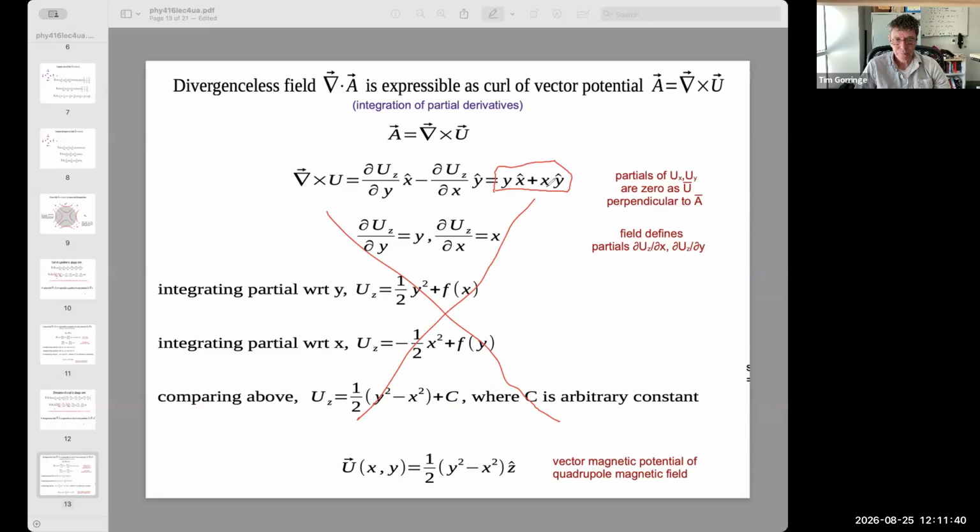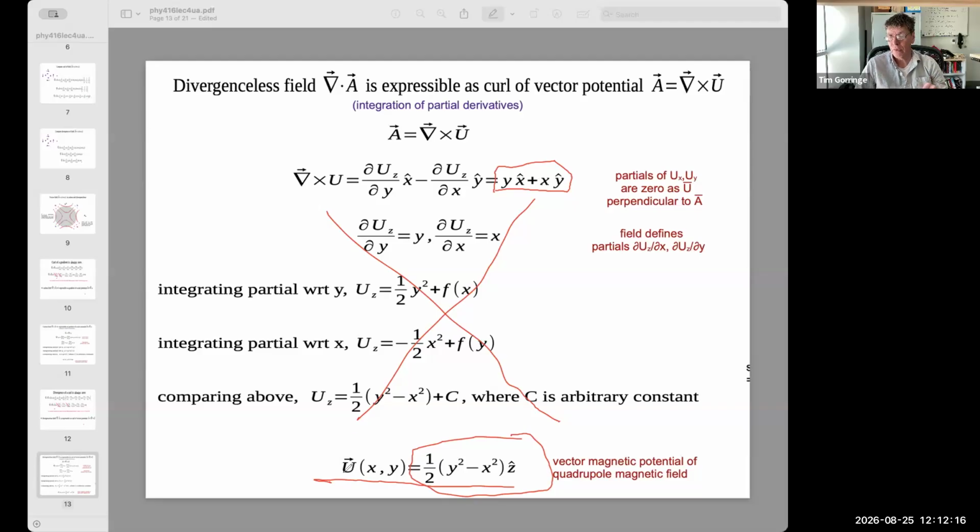Our vector field looks like this. So this is A. And here I'm deriving the underlying vector field that can be used to represent that field. The curl of this vector potential is this particular field up here. This vector potential is given by this little expression here. It too is pretty simple. It's just in the z direction. And remember, this field was in the xy plane. The field lines are in the xy plane.